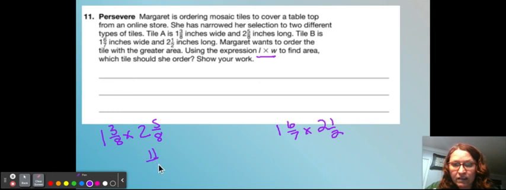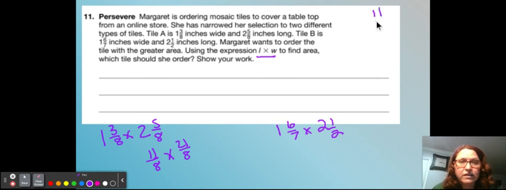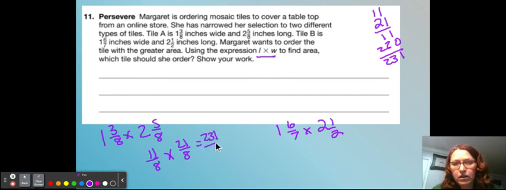So I have 11/8 times 8 times 2 is 16 plus 5 is 21. So now I don't have to flip anything. There's nothing to simplify. So I have to do 11 times 21. That's 231. So I have 231 over 8.